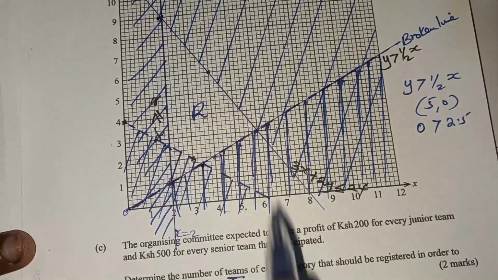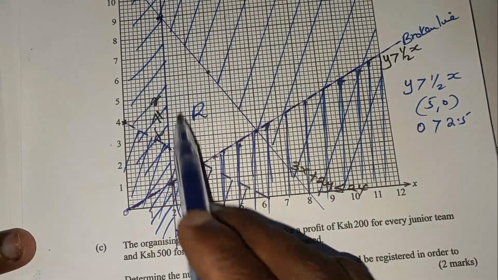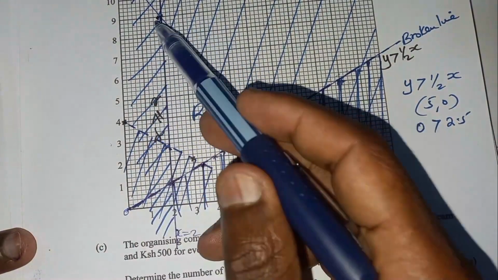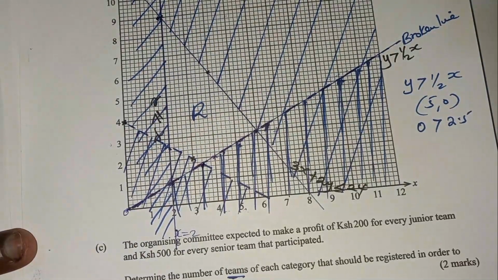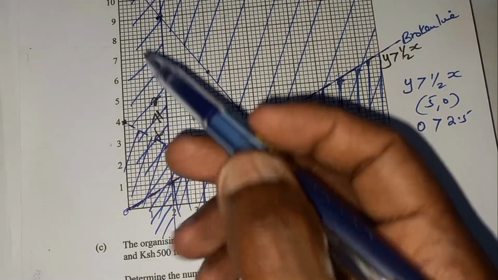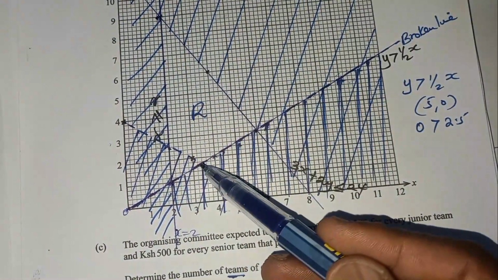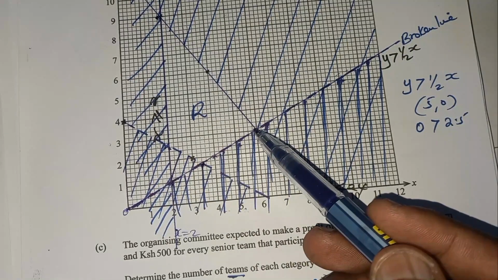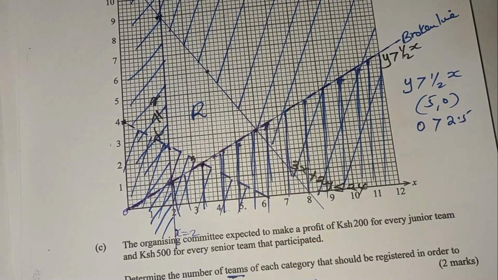So of all these corner points, we have 1, 2, 3, 4. The only one that will give us the number of teams for junior and senior that will give the maximum profit is this. The others are not included, by the fact that they all lie on broken lines. So we have 2, 9 as a solution.